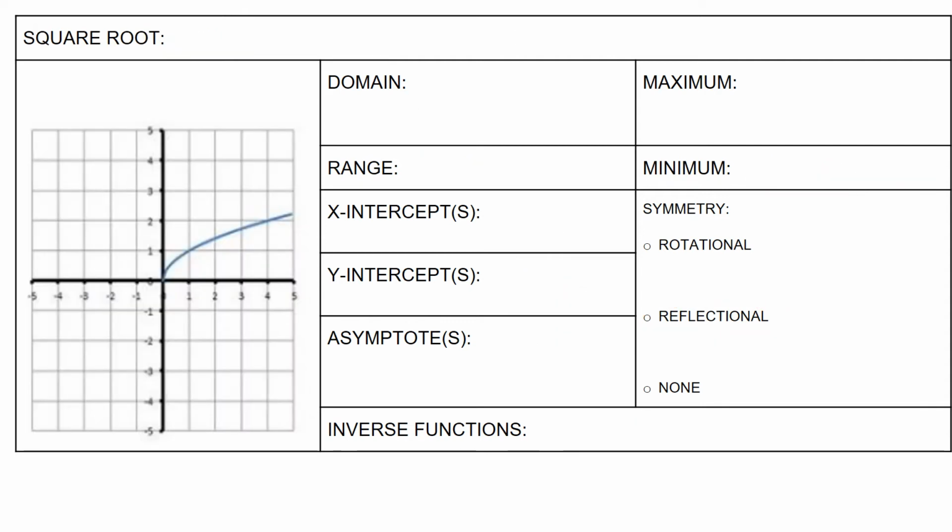Okay. All right, square root. So we have the square root function. The square root function is y equals the square root of x. If you look at our graph here, you'll see our key points are at 0, 0, 1, 1, and 4, 2.